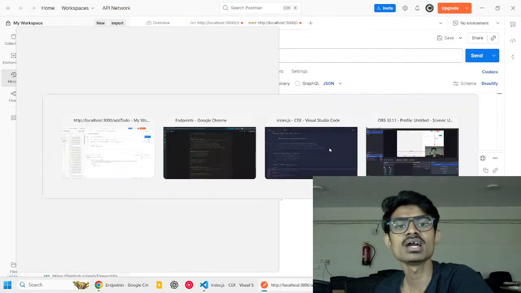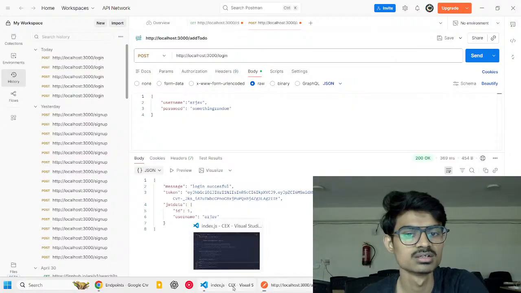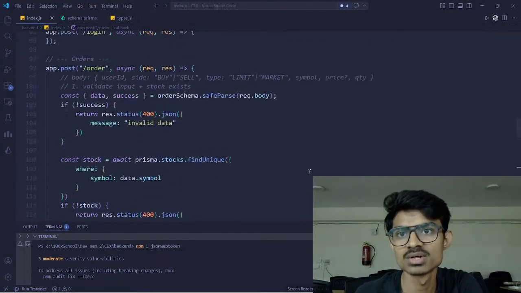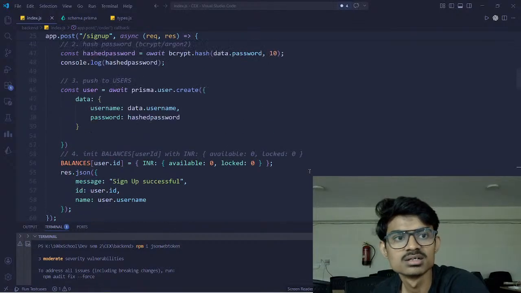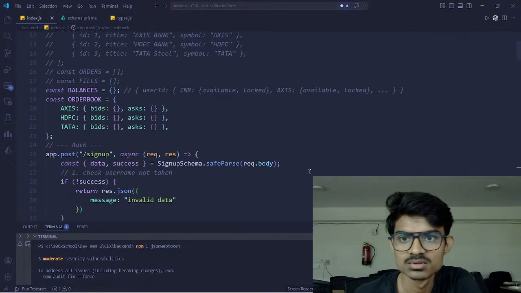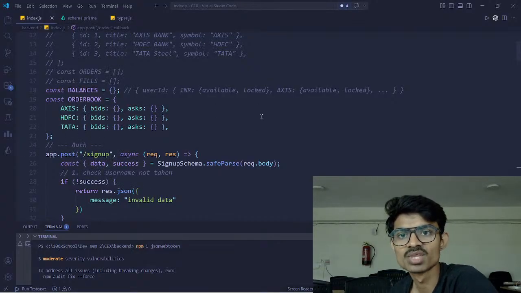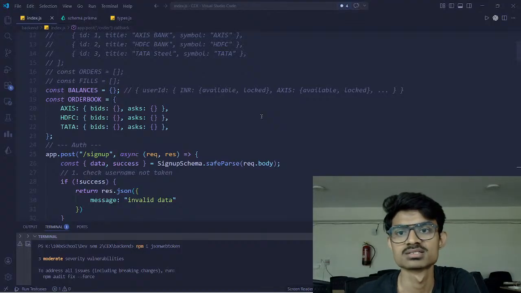So if I have to guess, let's look at the order book. Maybe that will give me some hint. Order book looks like we have all the names or the symbols of the stocks, and then we have bids and asks.